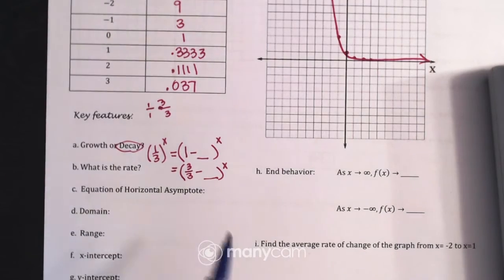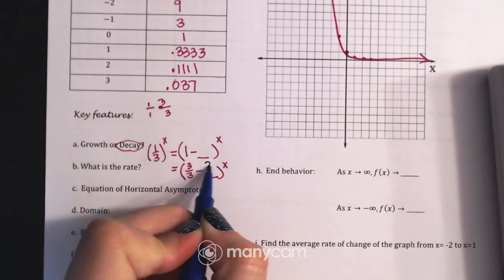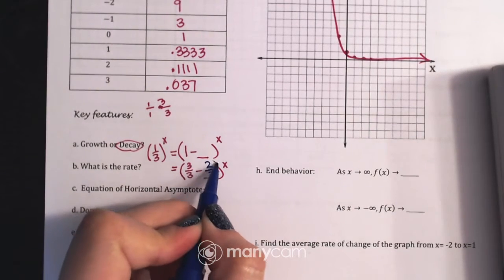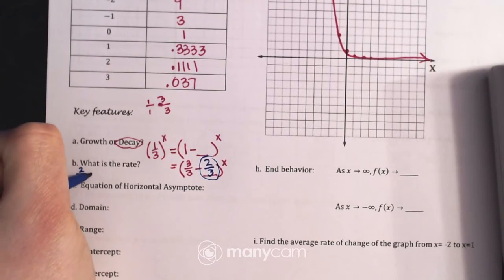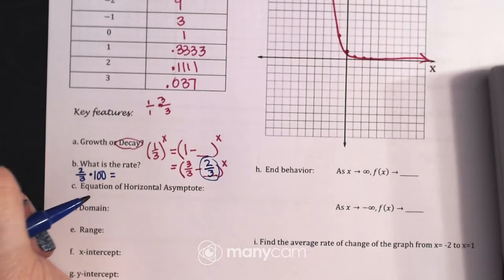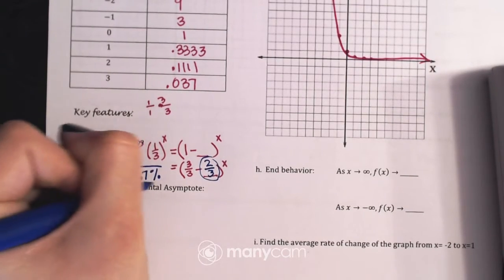Now, if I want 3/3 minus something to equal 1/3, it's going to be minus 2/3. This is my rate right here, but I want to multiply by 100 to get the percent. When I do that, it's about 66.7% decay.